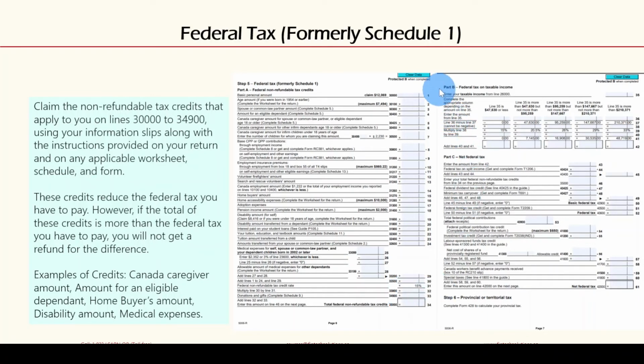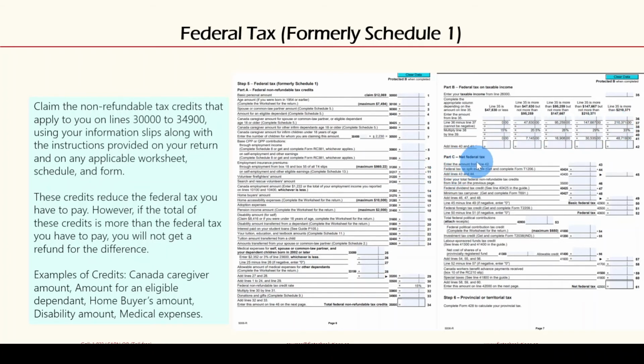There is a Part B to that, which helps you calculate the federal tax on taxable income. So once we have completed that part, as per the tax brackets, we will see what calculations need to be done. If you're using software, of course the software will spit it out for you pretty easily, showing where you stand.